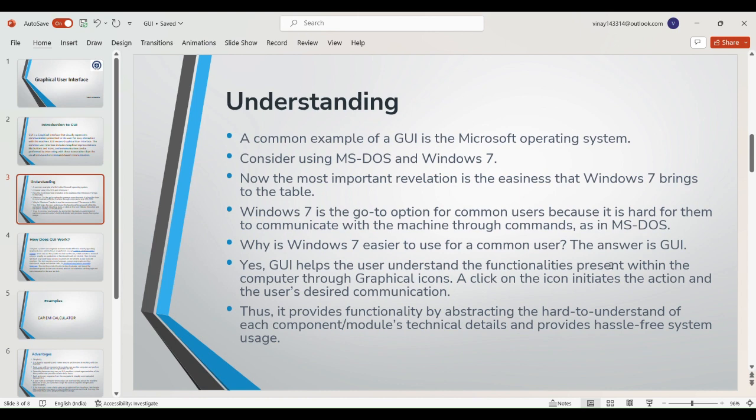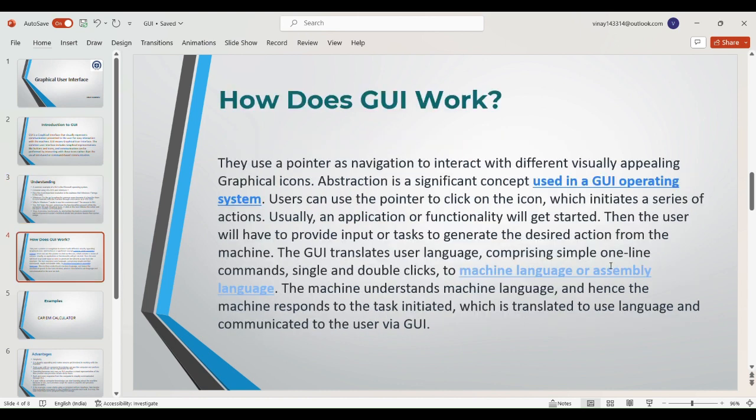And how does the GUI work? They use a pointer as a navigation to interact with different visually appealing graphical icons. Abstraction is a significant concept used in a GUI operating system.